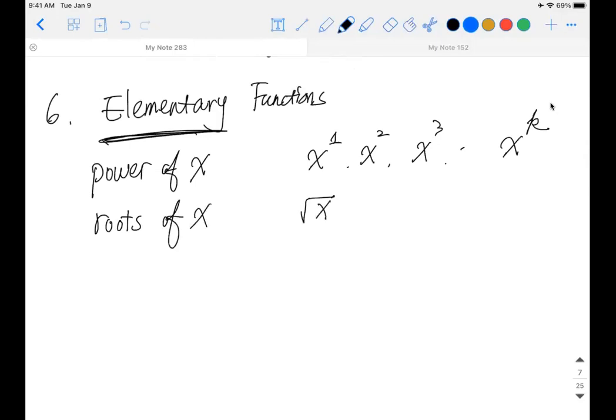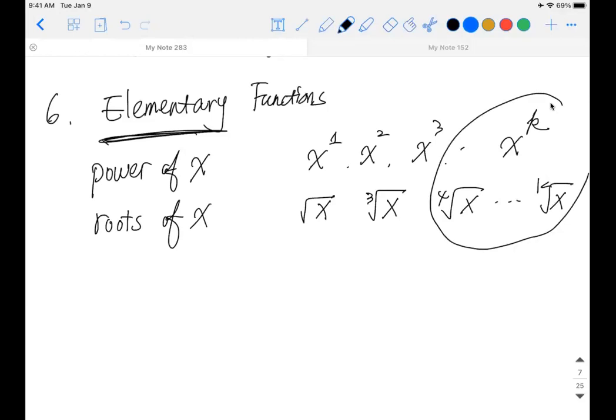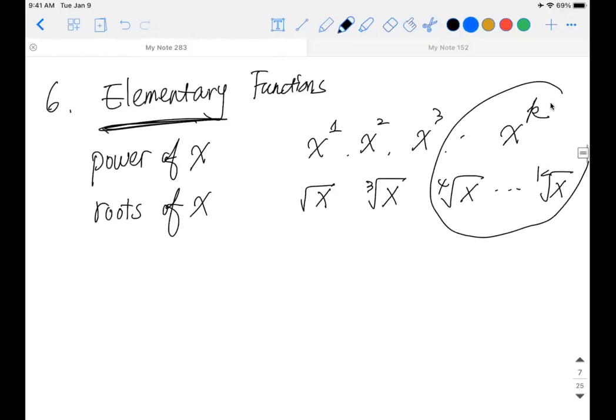Square root, cube root, 4th root, all the way to the kth root. This is understandable, right? Even though you might not be so familiar with the high order roots and high order exponents, you get the idea right away. Exponent function.